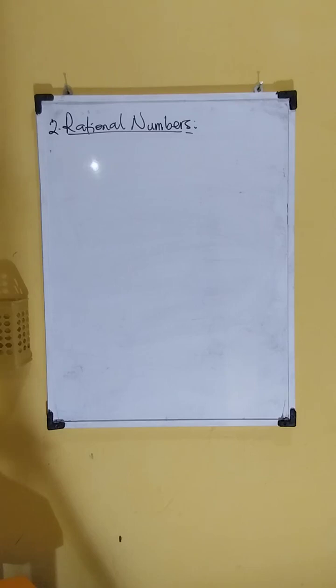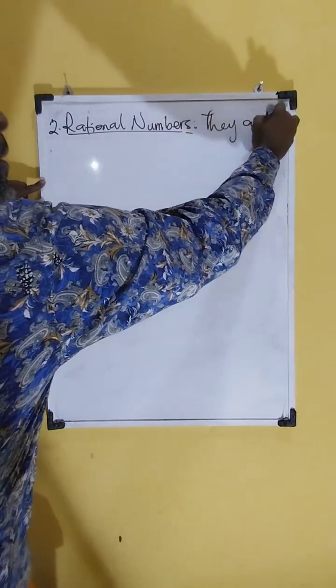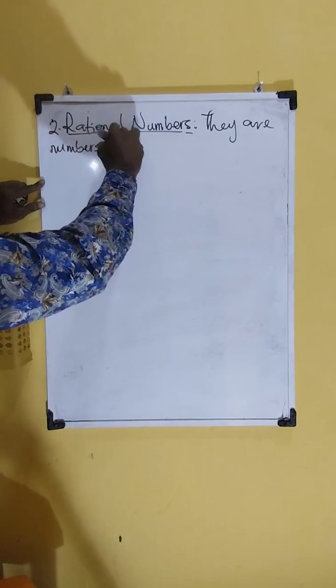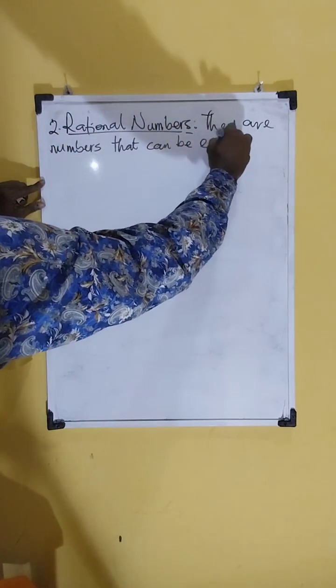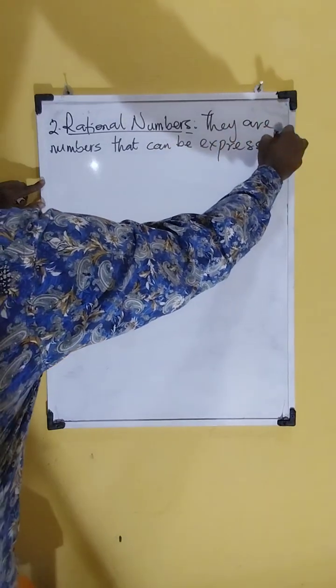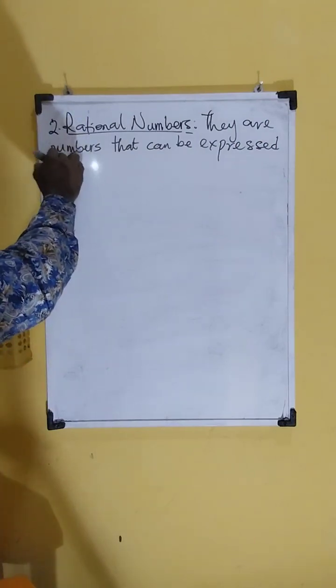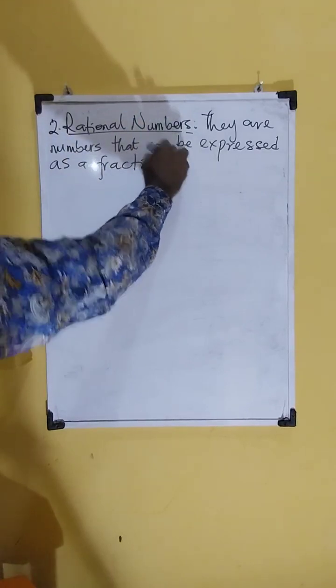Now, rational numbers are numbers that can be expressed as a fraction.